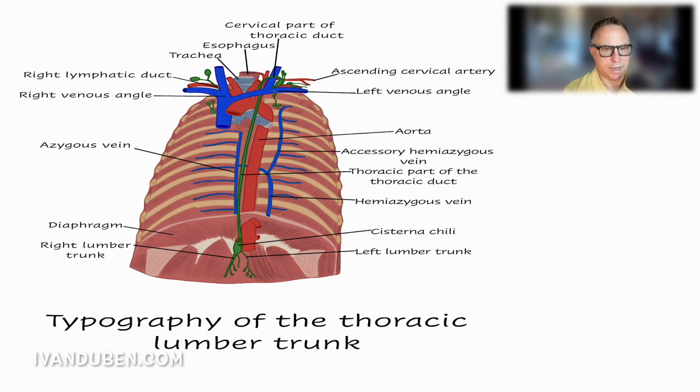When we look at the thoracic duct, the entrance to the thoracic duct, also known as the lower abdominal confluence of lymphatics, is down here, superior to the cisterna chyli, which is right down here.